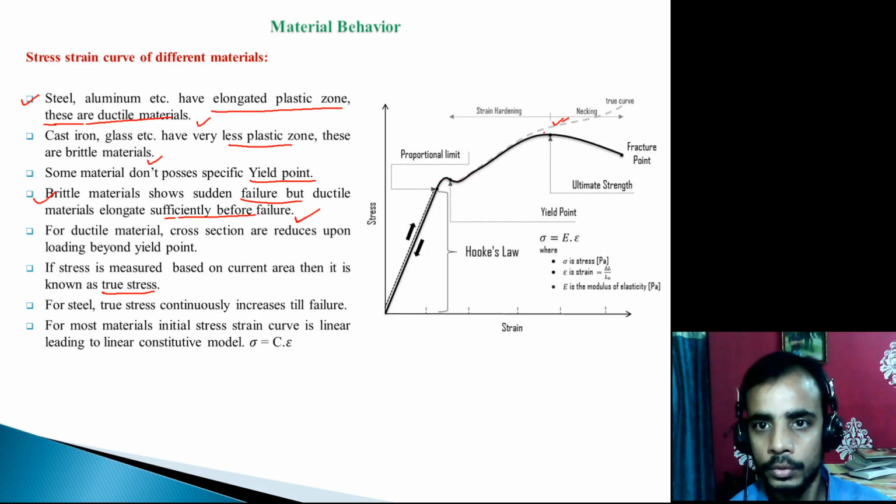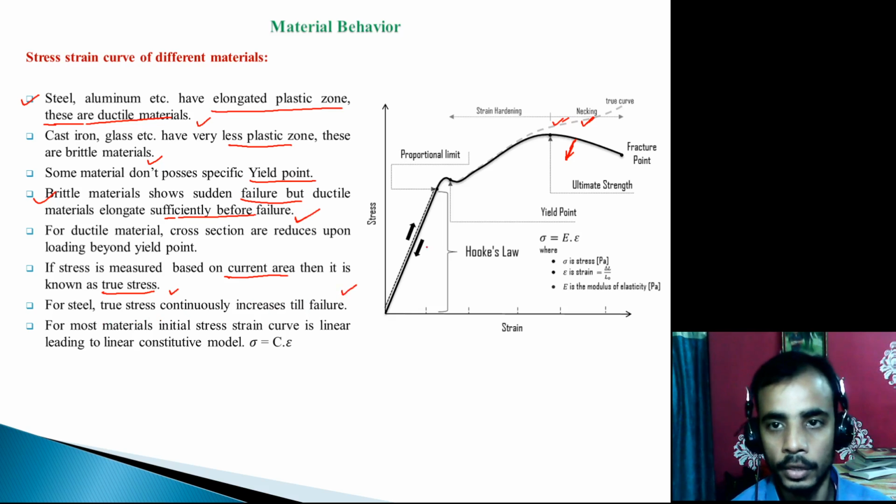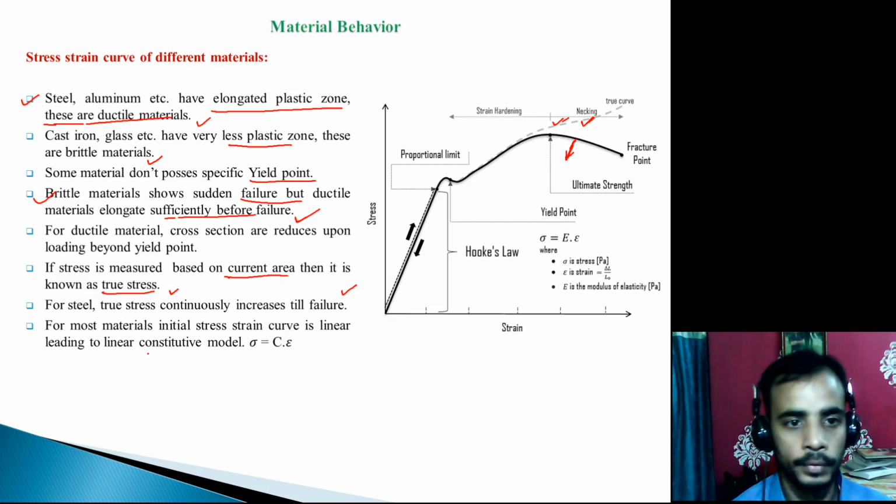This is the engineering stress strain diagram, and this is your true stress strain diagram. So these are different. True stress is calculated on the basis of current area. For steel, true stress continuously increases till failure.